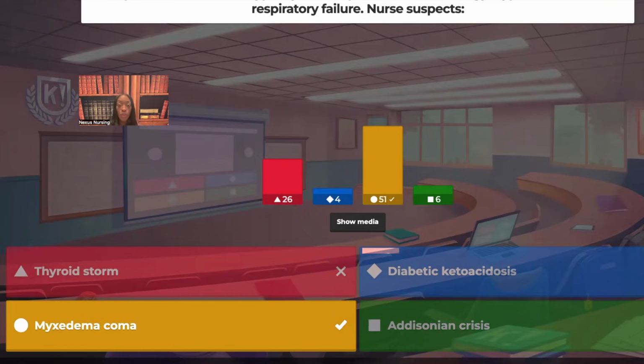That's myxedema coma. When you think of myxedema coma, I want you to think of hypothyroidism times 1,000. Myxedema coma is a deadly complication of hypothyroidism, just like thyroid storm is a deadly complication of hyperthyroidism.